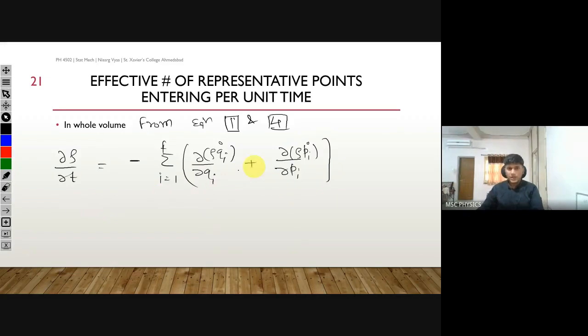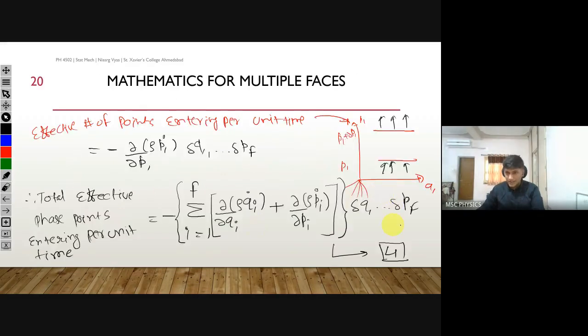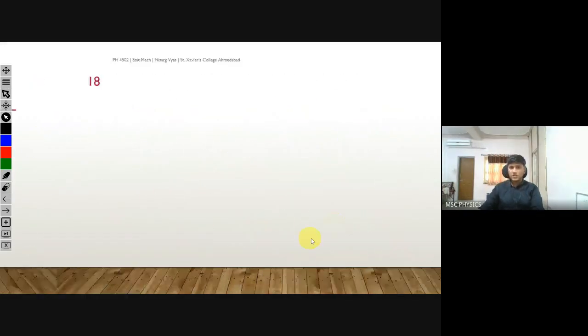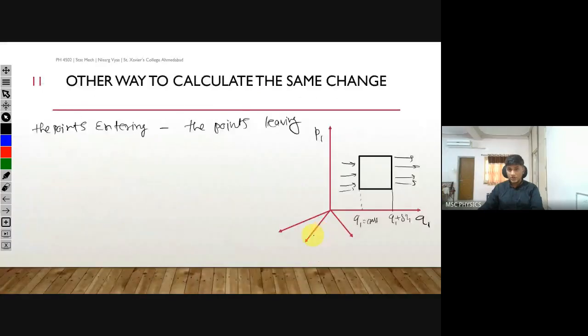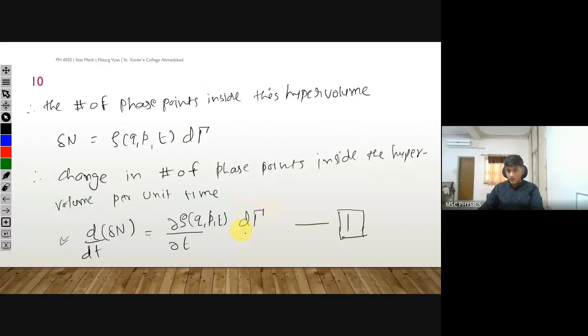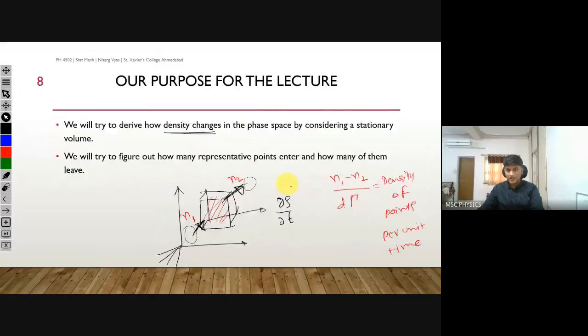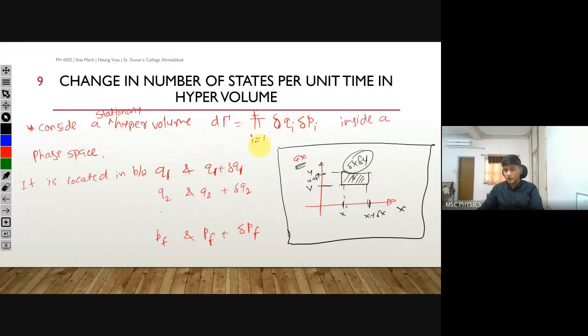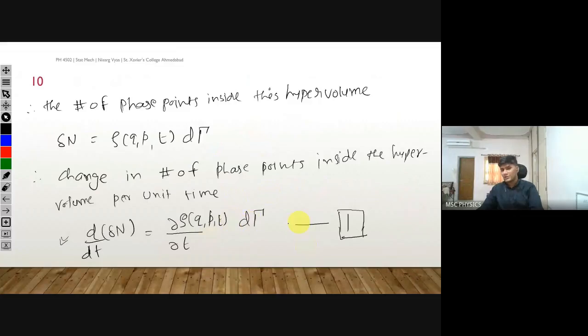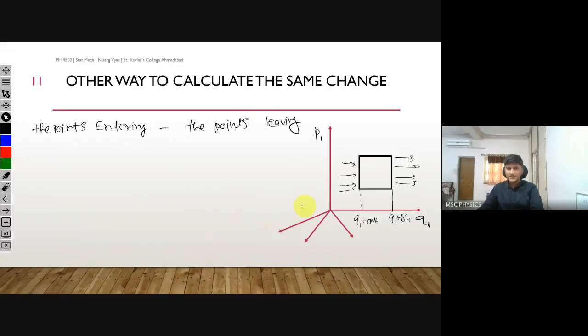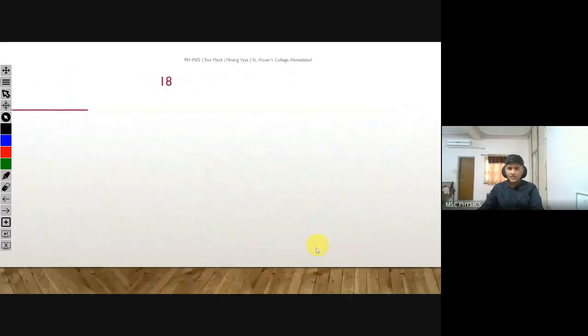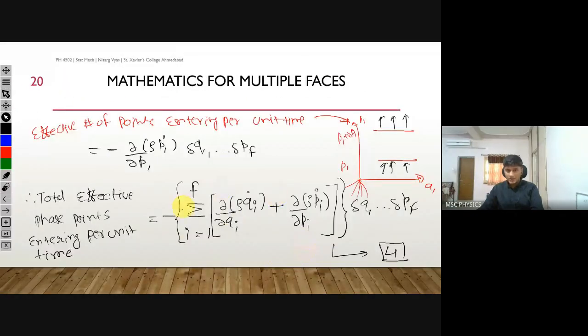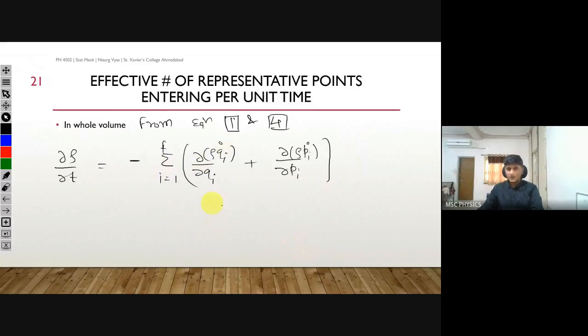Let me go to equation number 1. Here there is the volume term. In equation number 1 also there was a volume term d tau, and d tau is nothing but the product of all these, which was the same thing there also. So d tau got cancelled out, and del rho by del t remained in this, and in that other equation number 4 this part remains, which is the negative of something like this.